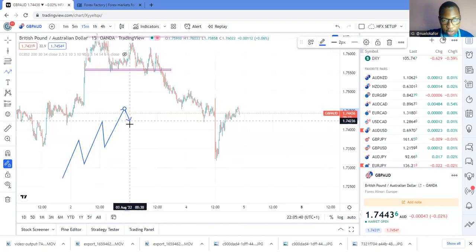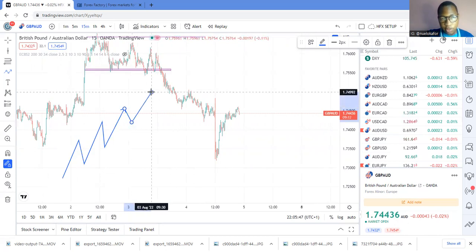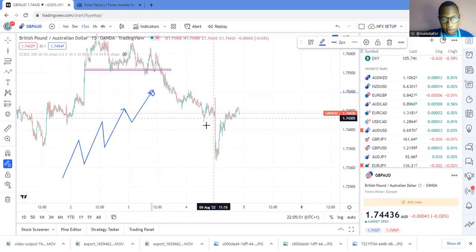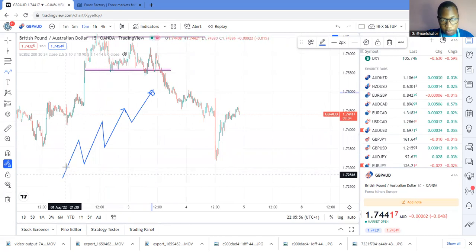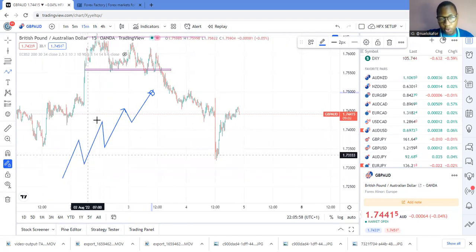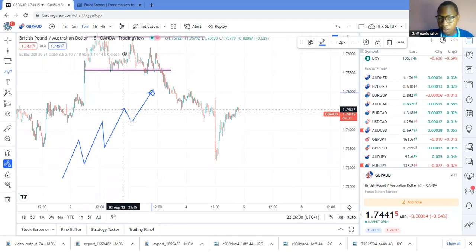Or let me just use another example. Yeah, let me just do this here. All right. I think this will be perfect. Okay. So now look at this example here. So this is price moving. It goes up, comes down a bit, goes up, comes down a bit, goes up, comes down a bit.